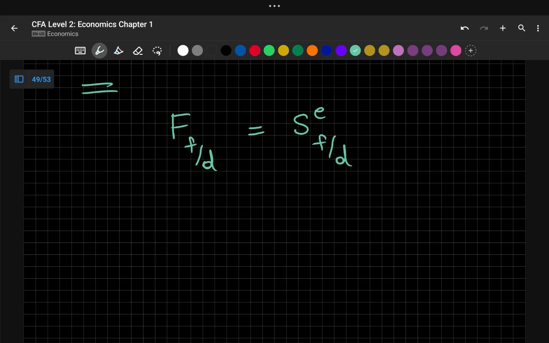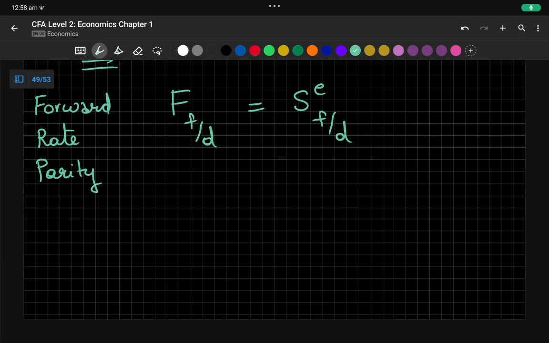That is the equation for forward rate parity. Okay. Now we know that for the forward rate parity condition to hold, both the covered interest rate parity and uncovered interest rate parity conditions must hold.